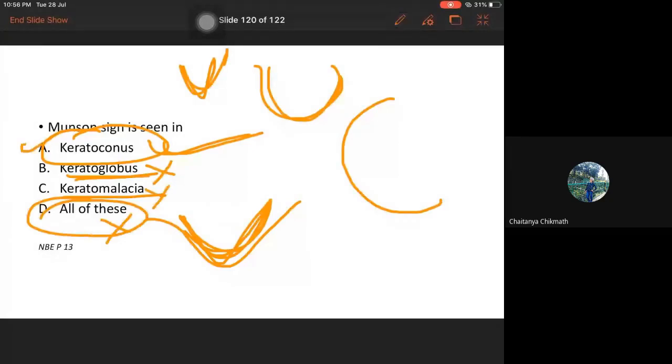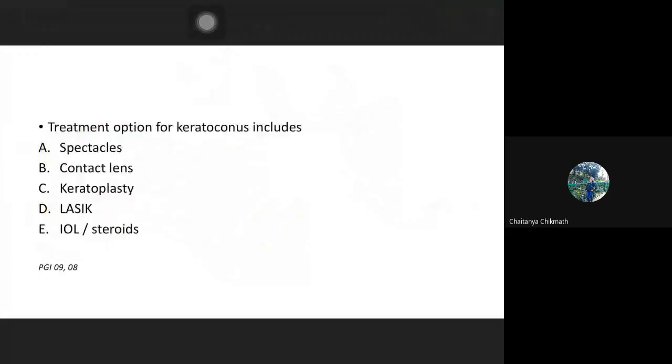The last question: treatment options for keratoconus include spectacles, contact lens, keratoplasty, LASIK, IOL and steroids. This question was asked in PG 2009 and 2008. What is the answer? Anybody? A. Spectacles, contact lens. Very good.